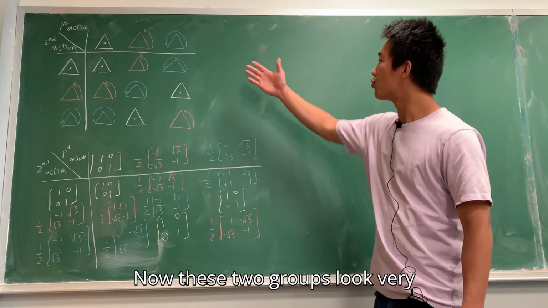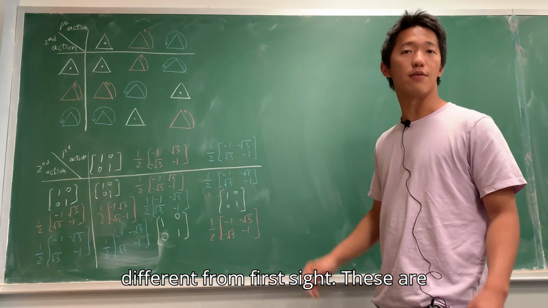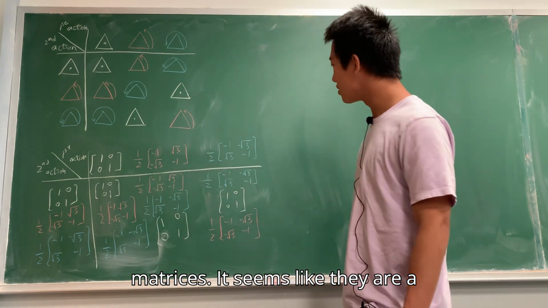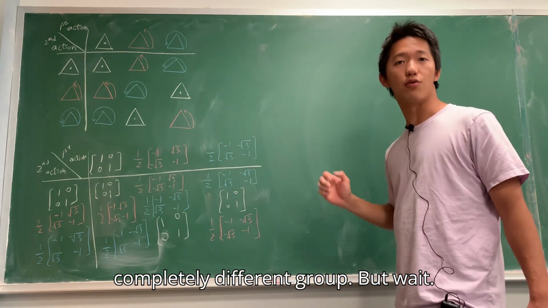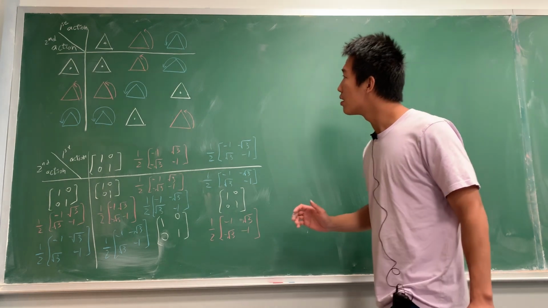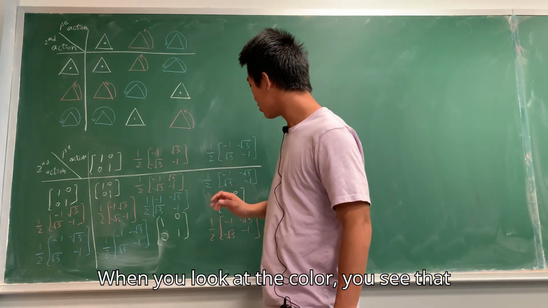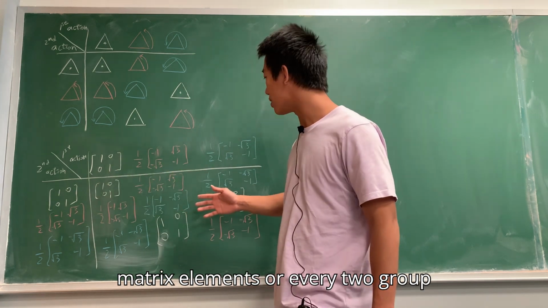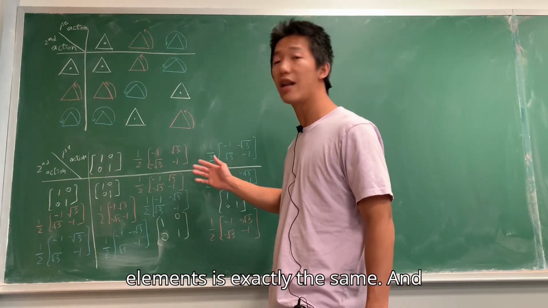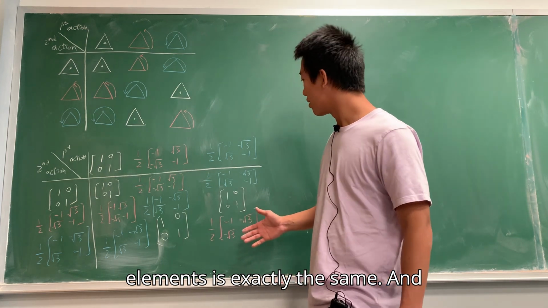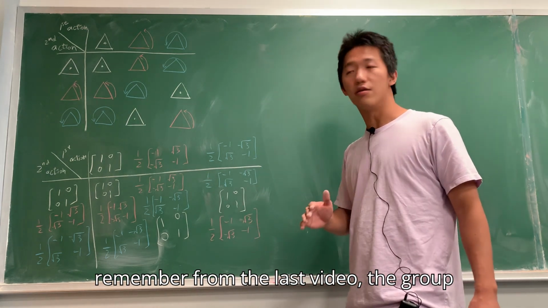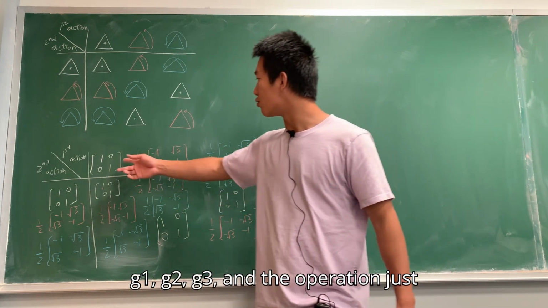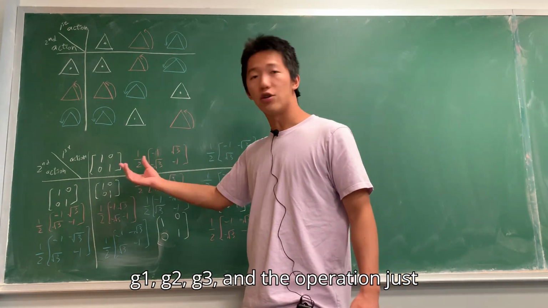Now, these two groups look very different at first sight. These are triangles, and these are 2x2 matrices. It seems like they are completely different groups. But wait, when you look at the colors, you see that the relation between every two group elements is exactly the same. And remember from the last video, the group is just defined by the symbols G1, G2, G3, and the operation, just a dot.